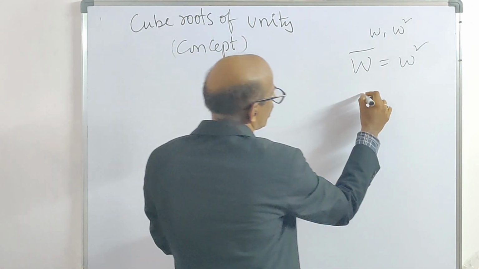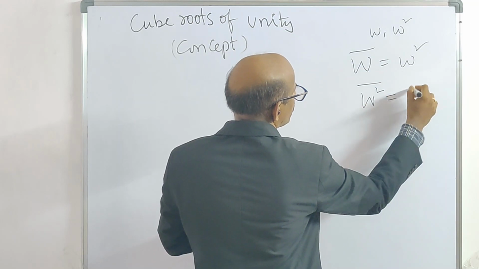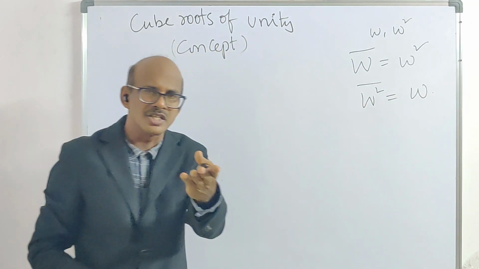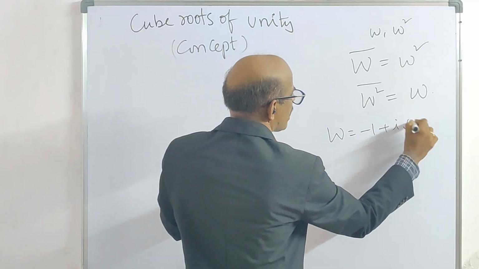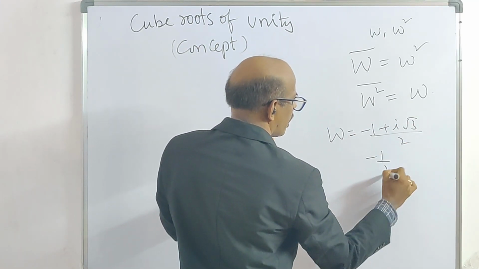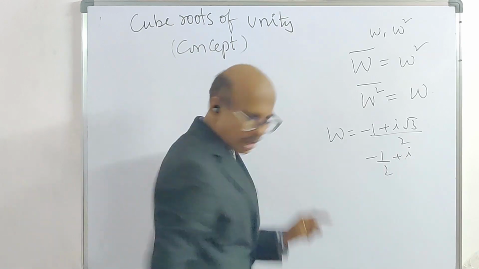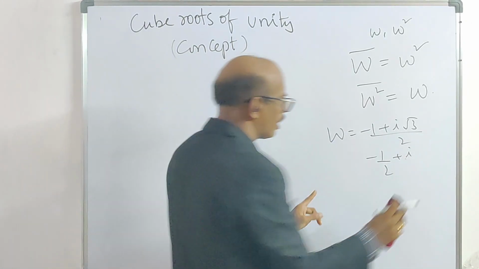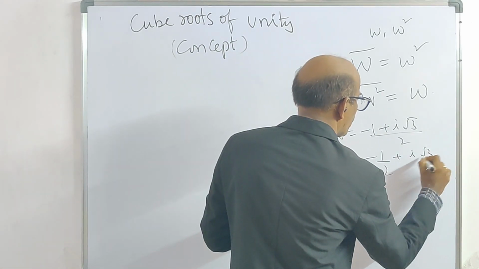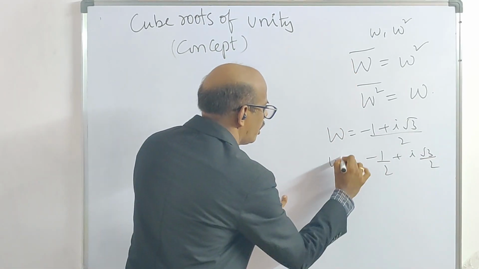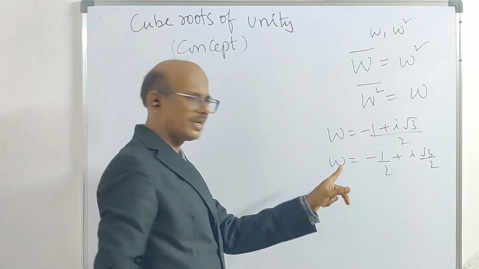Very important conjugate property. Very simple. You know very well, omega is minus 1 plus i root 3 by 2. If you separate the real part and the imaginary part separately, it is omega.